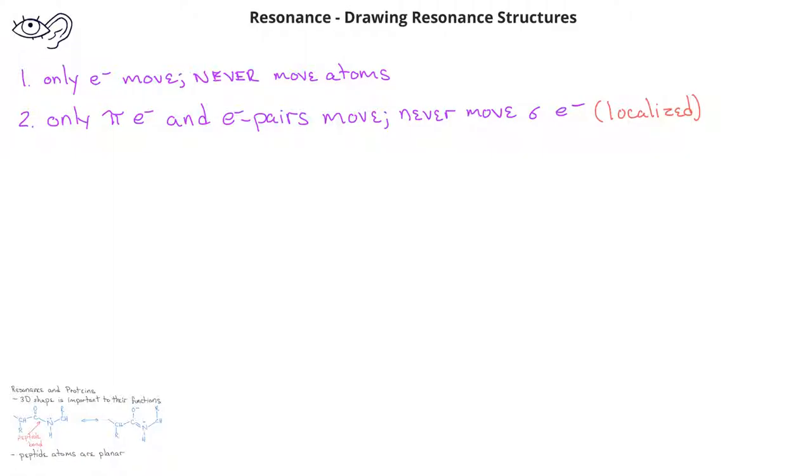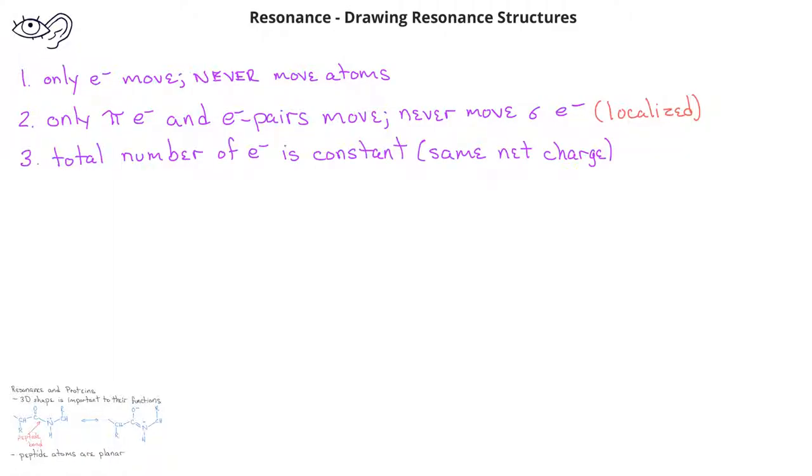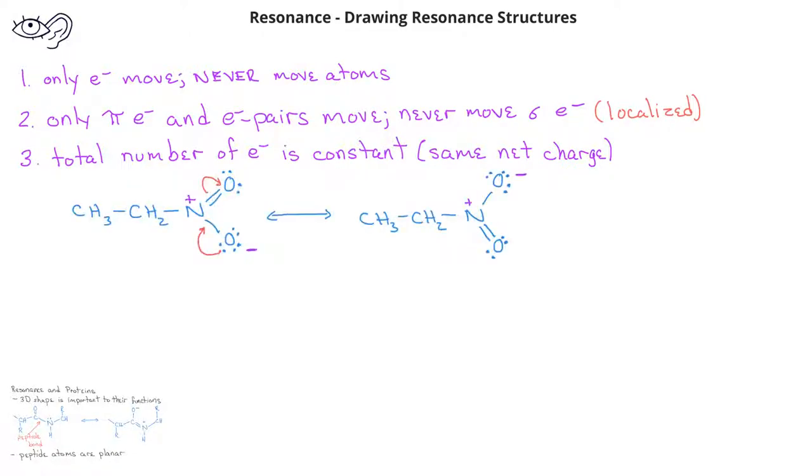Third, the total number of electrons does not change. In other words, when we have different resonance forms or different resonance structures of the same molecule, they have to have the same overall net charge. So for example, in this first structure, we have a positive charge on the nitrogen and a negative charge on one of the oxygens.